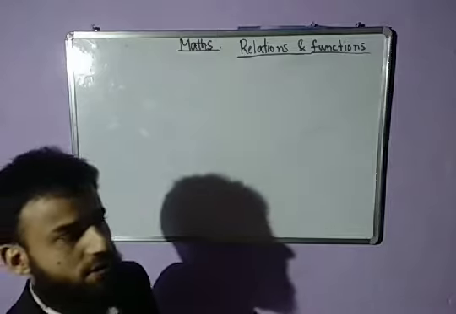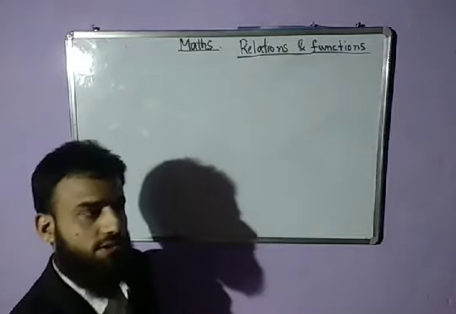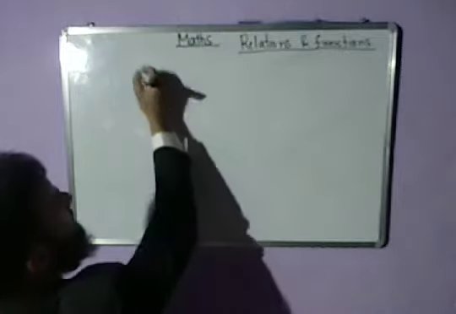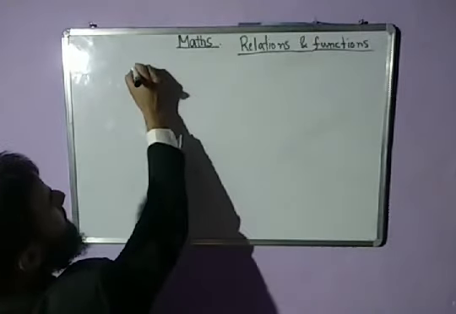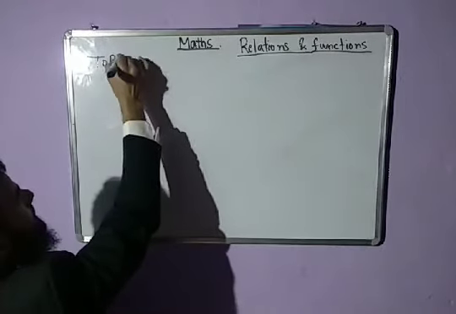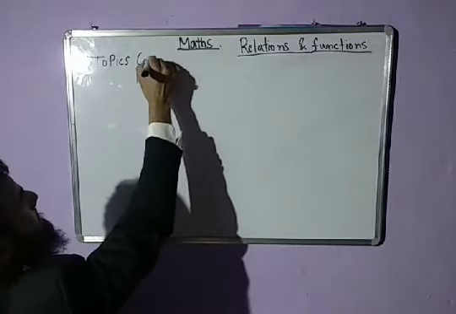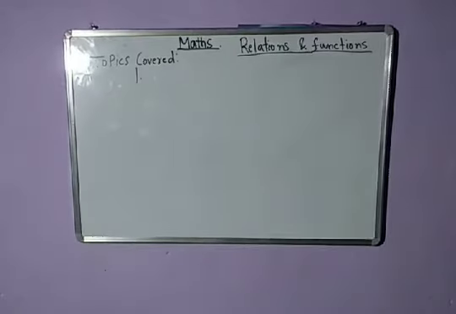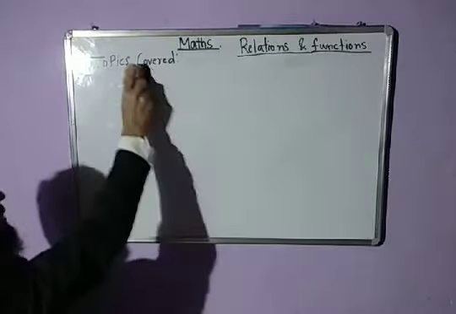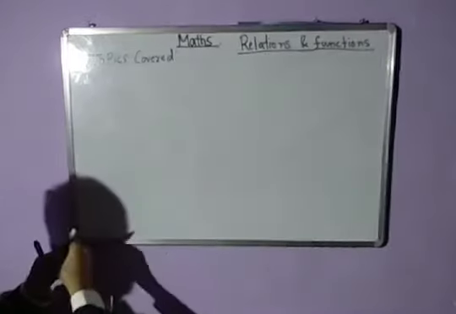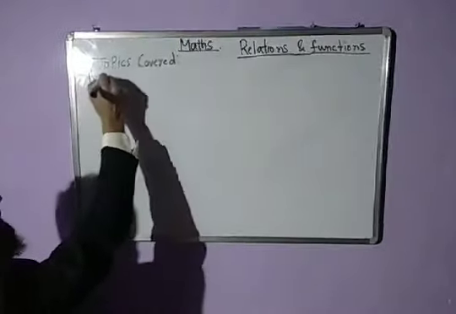Let us see first the topics covered in this lecture series. We will go through these topics in the next lectures. So we'll write here topics covered. The first topic we'll discuss is ordered pairs.